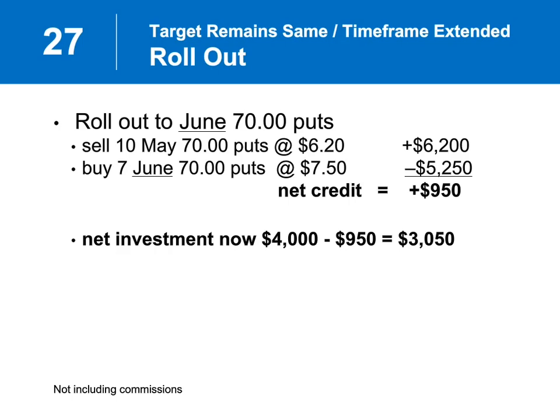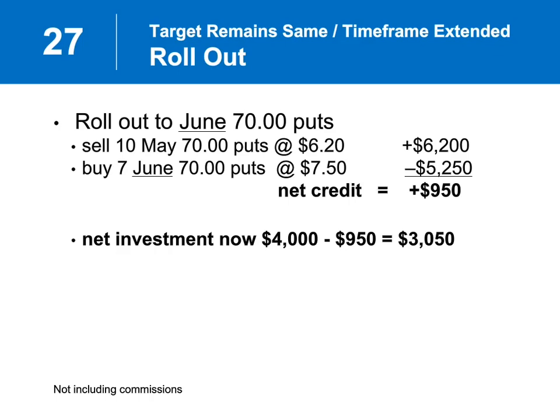So that will, again, we started with an investment of $4,000. If we put $950 in the bank, we're down to $3,050 of a net investment. And now we've got 7 of those puts, but we've got an extra 4 weeks of time to have our forecast down to 60 be correct.